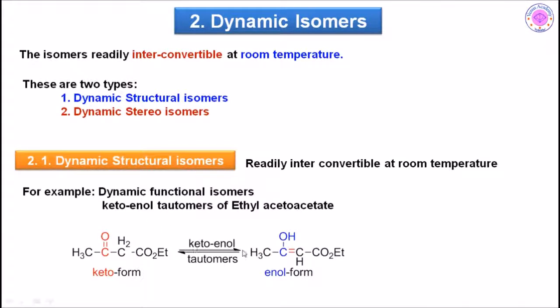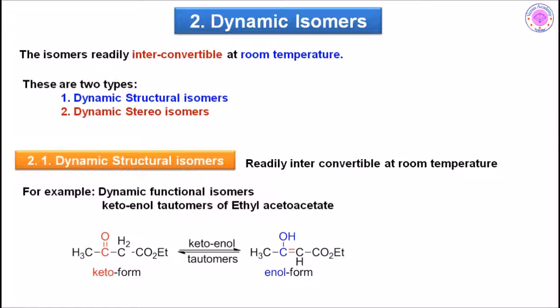If I take keto-enol tautomerism of ethyl acetoacetate, this is the keto form, and this is the enol form. Dear friends, this is a 50-50 mixture of the compound. This is a dynamic isomer.